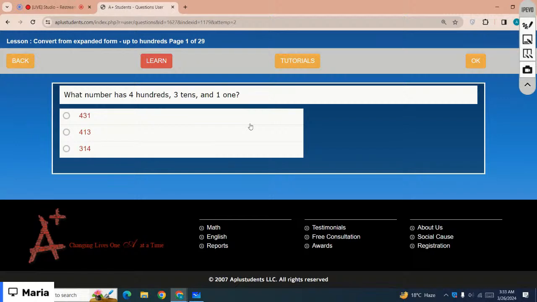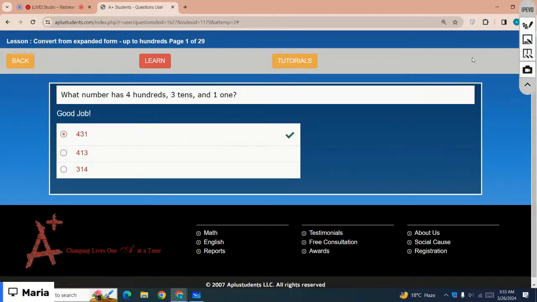Yes, the correct option is option number one. Four is at the hundreds position, three is at the tens, and one is at the ones position. Together they make 431. Option number one is the correct option, right?